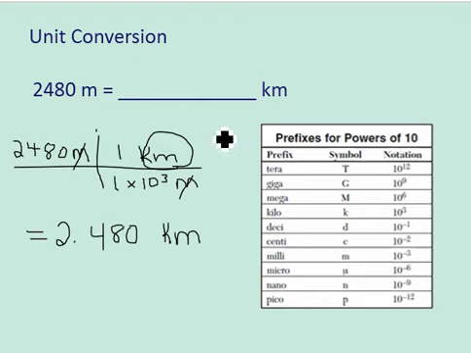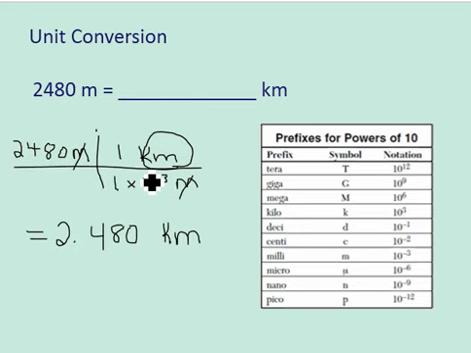When you write your conversion factor, always use this notation for the prefix, and then always do the conversion part in your non-prefixed unit. So you can see here, I have meters, I have kilometers. The K in here got replaced with the times 10 to the third.